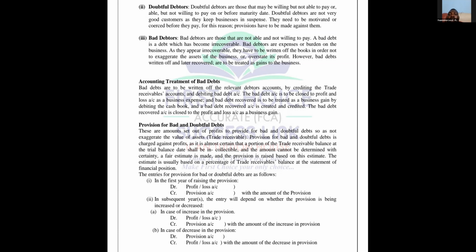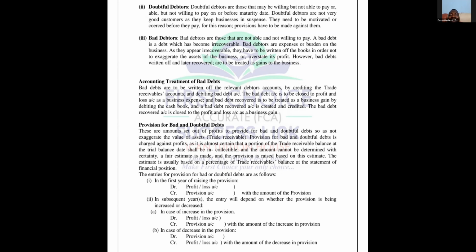Now the way we record the allowance or provision for bad debt is that, the first year it occurs, you debit your profit or loss account and you credit your provisions account. Or some people normally put it under bad debt, so you debit your bad debt with your provision for allowance. Nobody will penalize you.